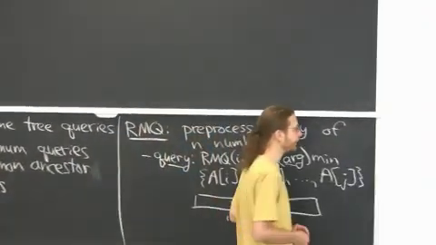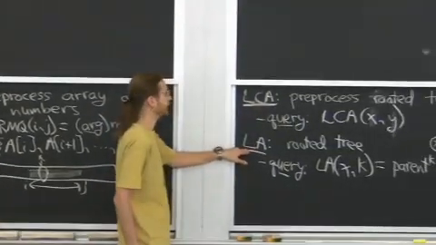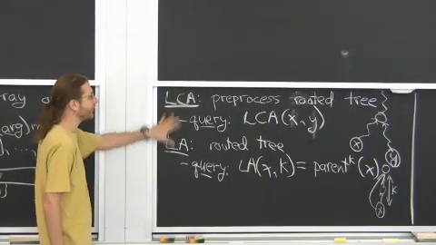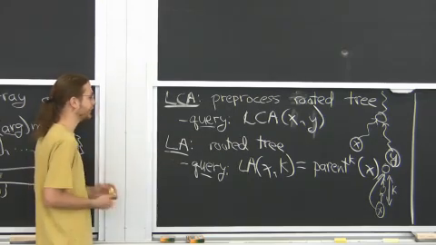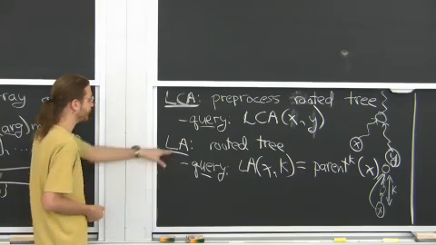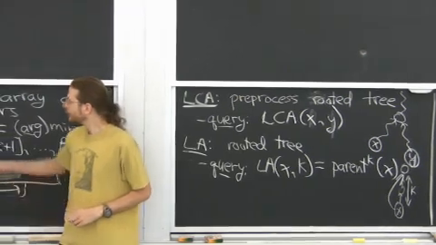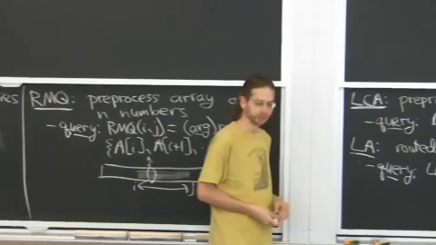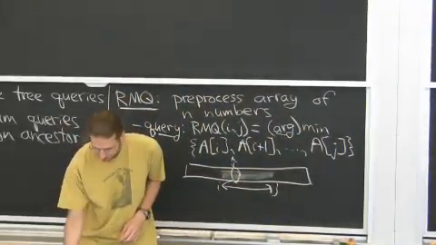Now, the fun thing about these problems is while LCA and LA look quite similar, I mean, they even share two letters out of three, they're quite different. As far as anyone knows, you need pretty different techniques to deal with both of them. The original paper that solved level ancestors kind of lamented on this. RMQ, on the other hand, turns out to be basically identical to LCA. So that's the more surprising thing, and I want to start with that.